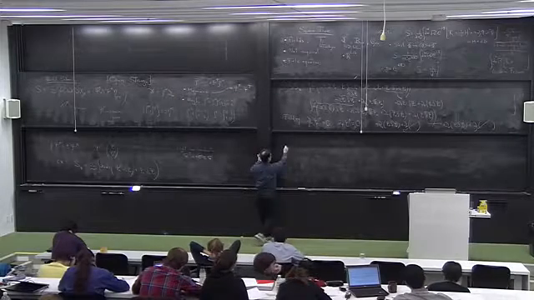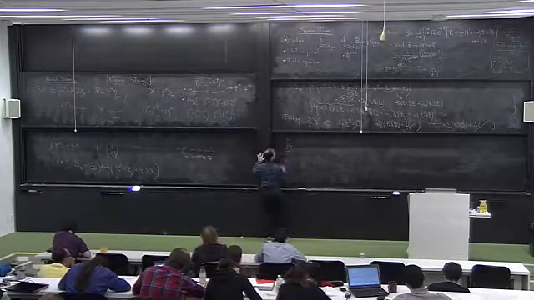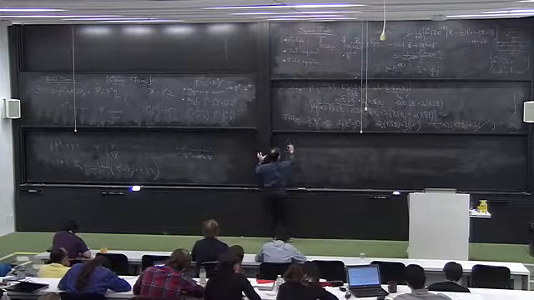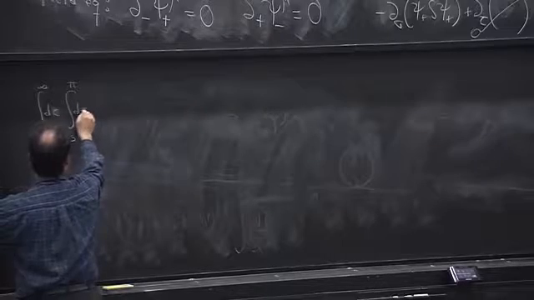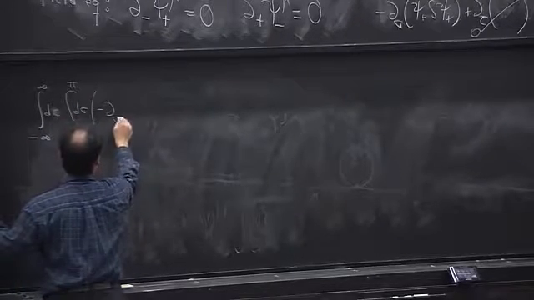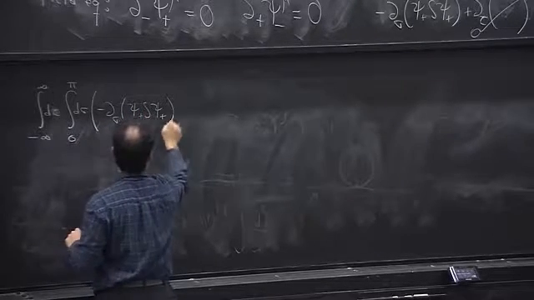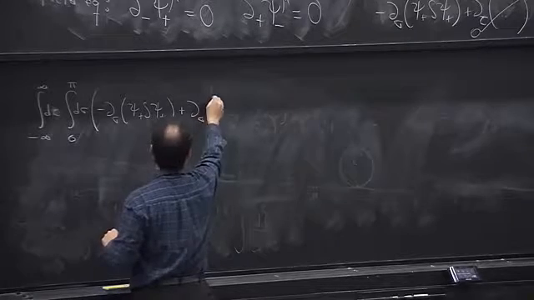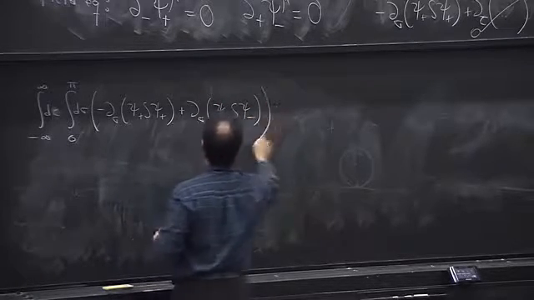So the boundary terms will look like an integral from minus infinity to infinity d tau, integral from 0 to pi d sigma of this derivative with respect to sigma, psi plus delta psi plus derivative with respect to sigma, psi minus delta psi minus.